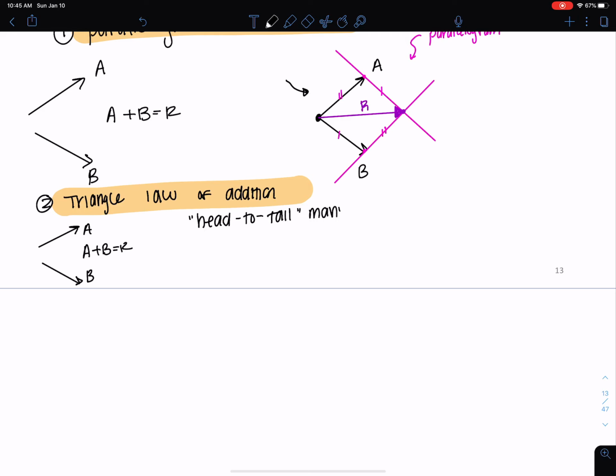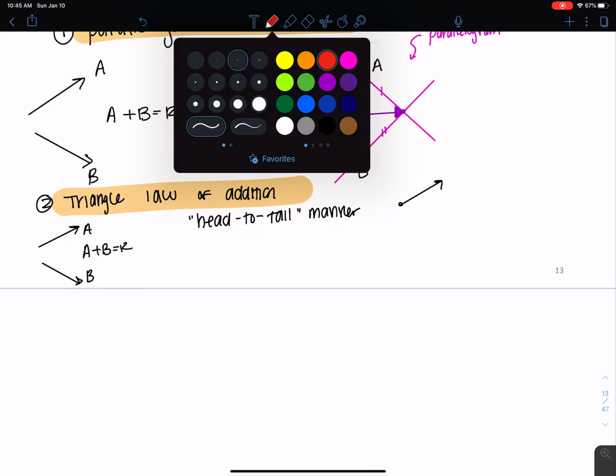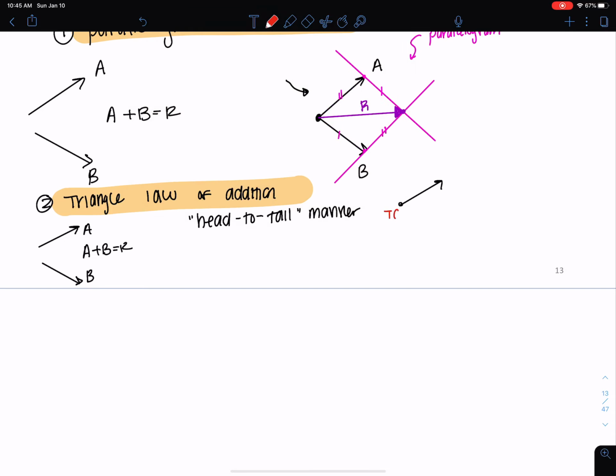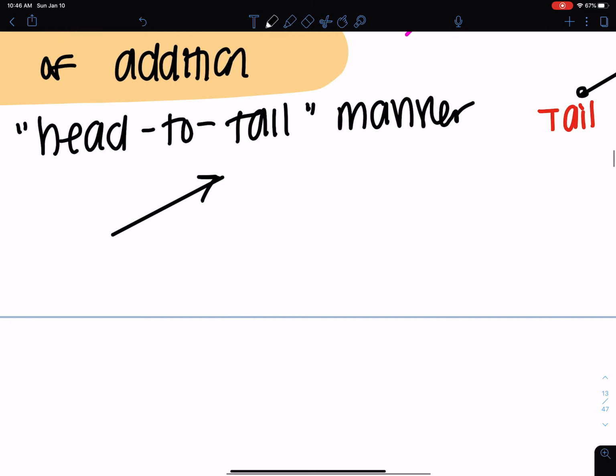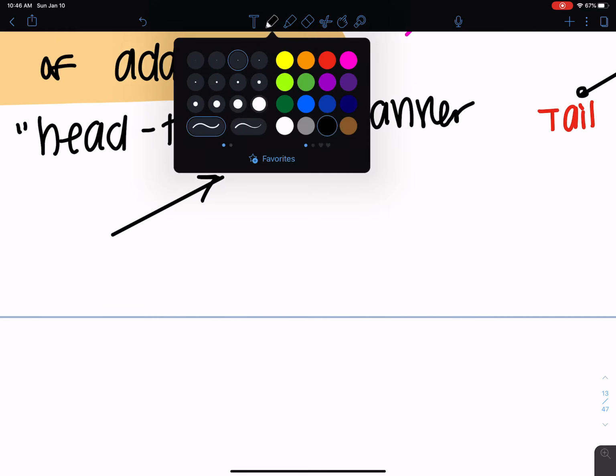So just for reference, if this is a vector, this is my tail, and this is my head, right? So what I want to do is connect the head of A to the tail of B. So let me start by drawing A. Okay, so this is the head of A, right?